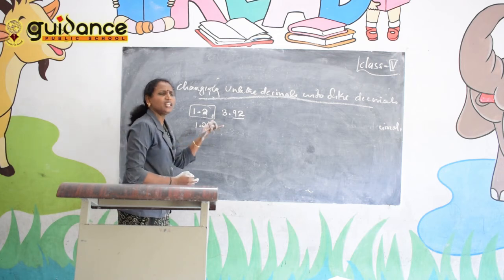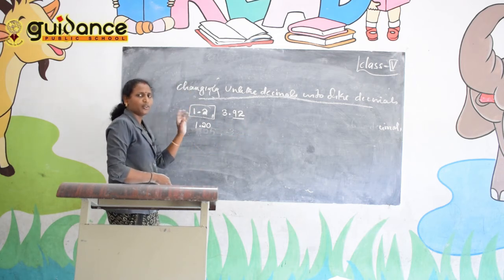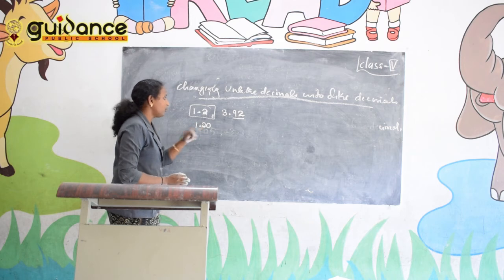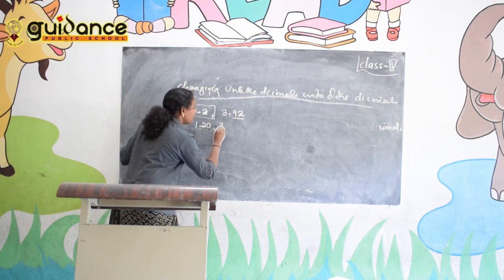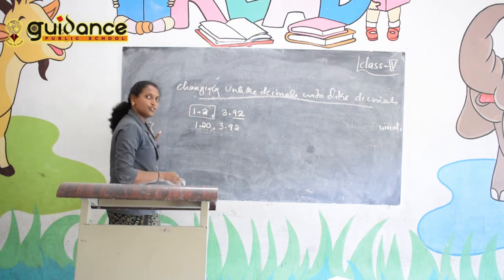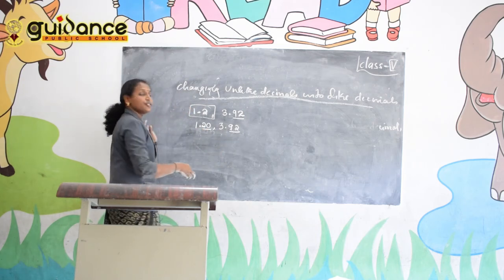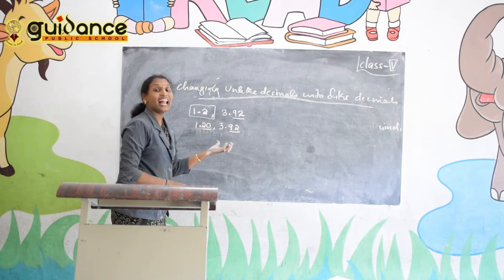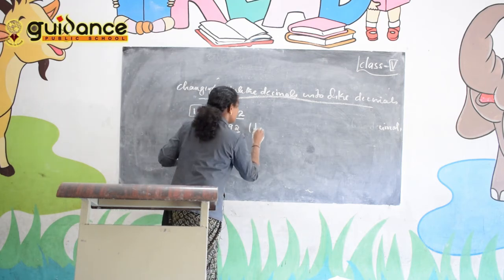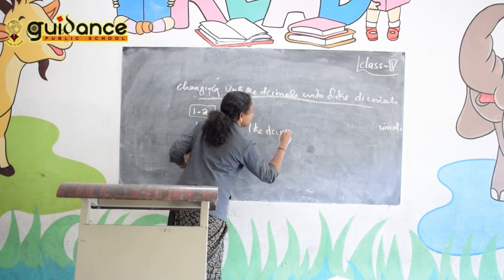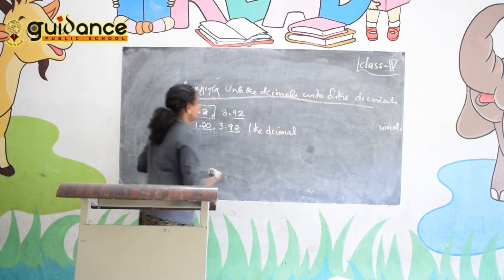We add zeros, no problem, it does not change the value. So 1.20 and 3.92: here 2 places, here 2 places. That means they are like decimals. Is it clear?